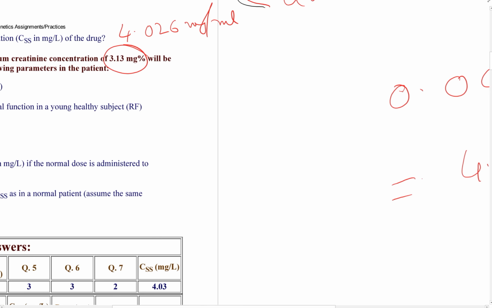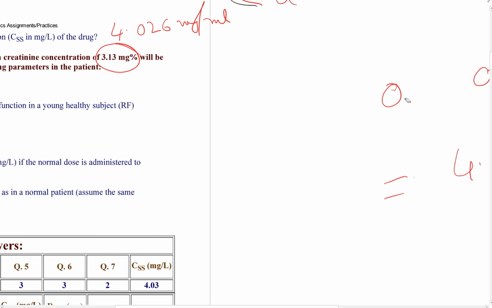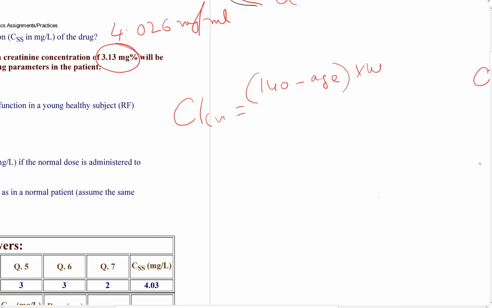To calculate creatinine clearance, remember the equation we have used. Creatinine clearance in milliliters per minute is equal to 140 minus age, times weight, divided by 72 times serum creatinine level.